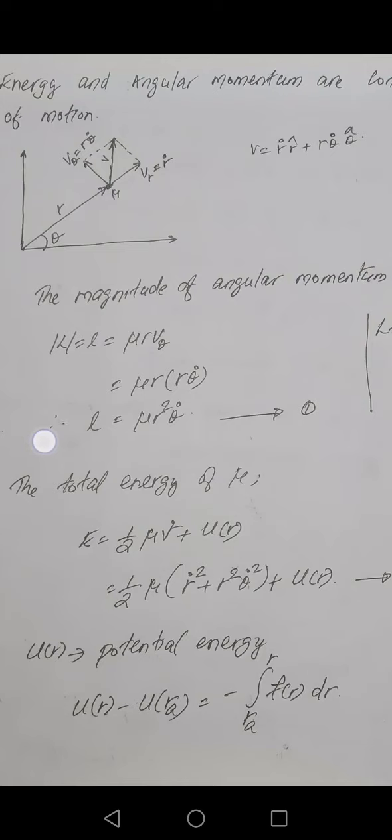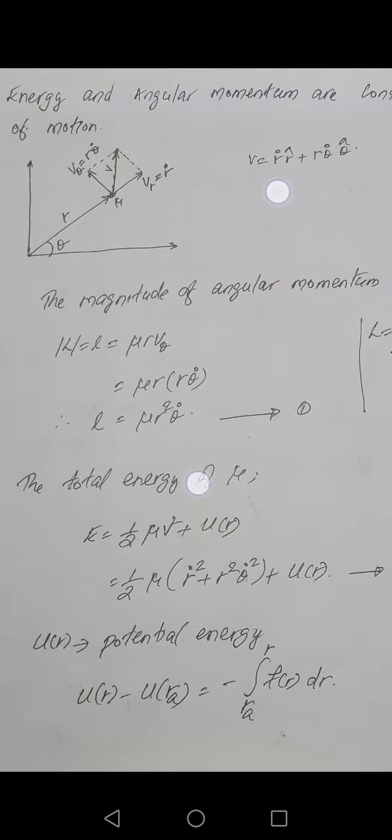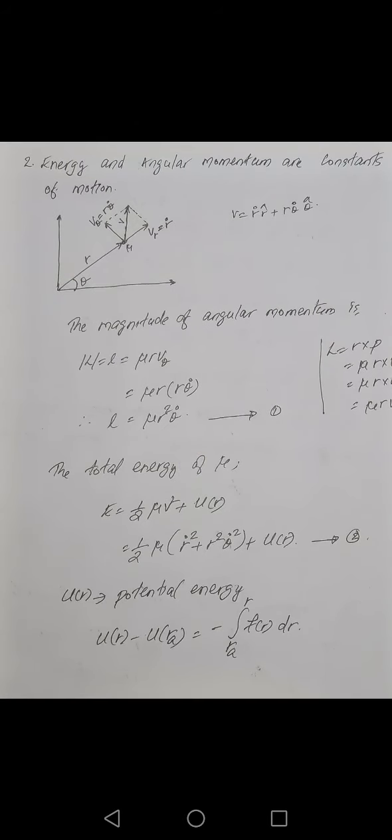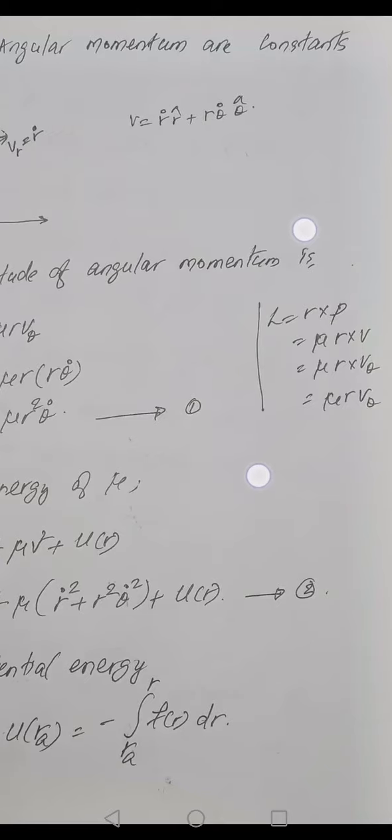So v in polar coordinates is given by v is equal to r dot r cap plus r theta dot theta cap, where r dot is the radial component, that is v r is r dot, and the tangential component is r theta dot, that is v theta is r theta dot.